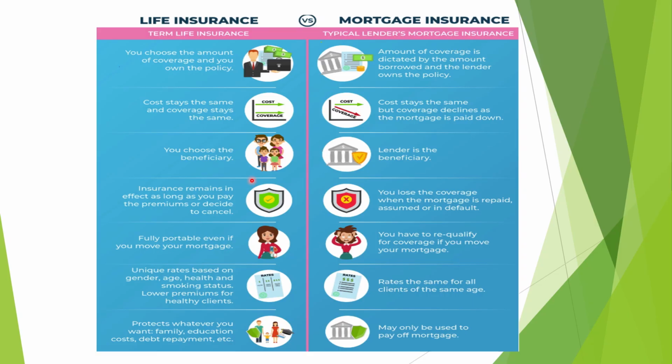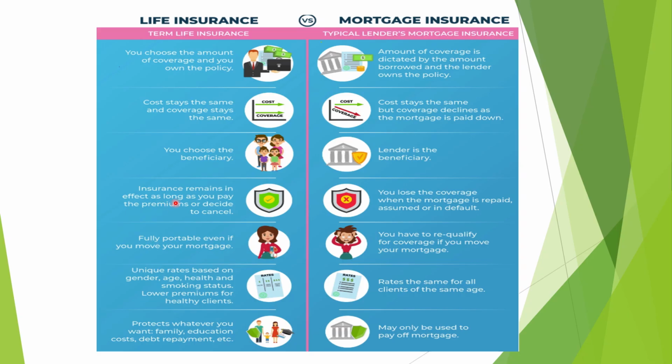In my personal suggestion, I would always go with life insurance over mortgage insurance, because there are a number of benefits which are not there in mortgage insurance. So always go with term life insurance, because in term life insurance your premium is less, and it's better to have your life insurance sooner, because as you get older and older, your premium is going to go up for the same coverage.